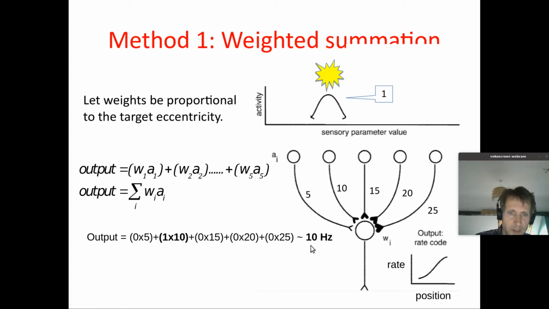So that's giving us a firing rate of 10 hertz in the output neuron. 10 hertz for a 10 degree movement sounds plausible if 20 hertz gave a 20 degree movement. So that all sounds fairly good, right? It sounds like this might be a winner. So maybe weighted summation is all we need, and we can go home.